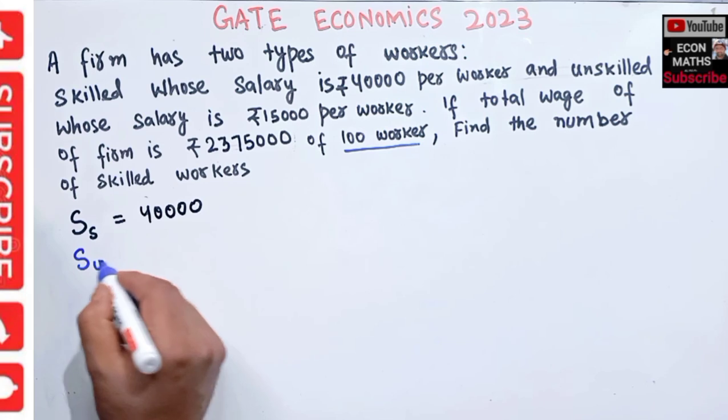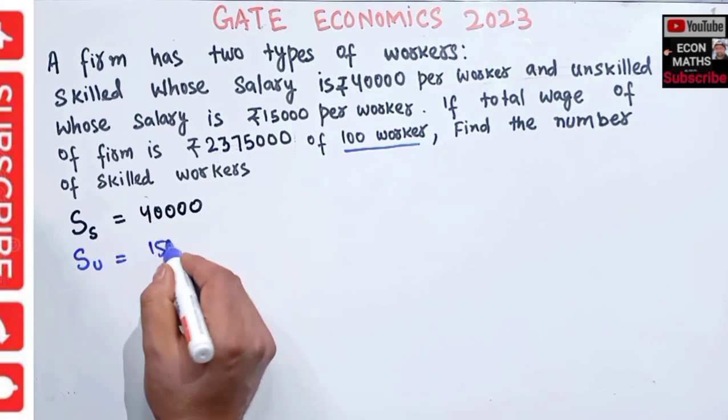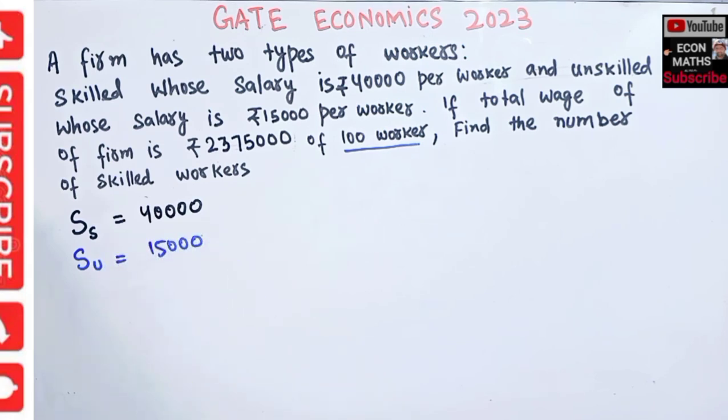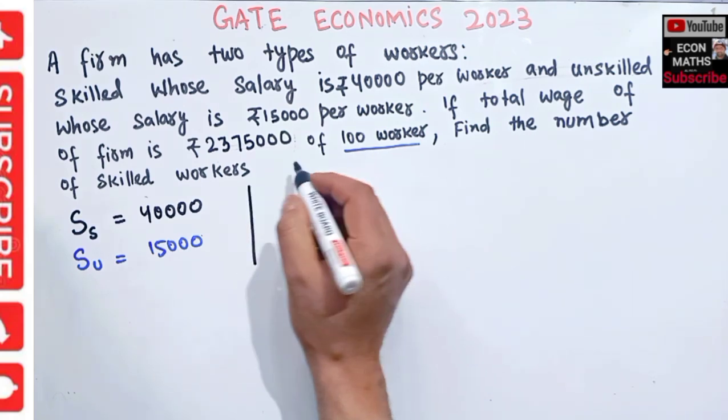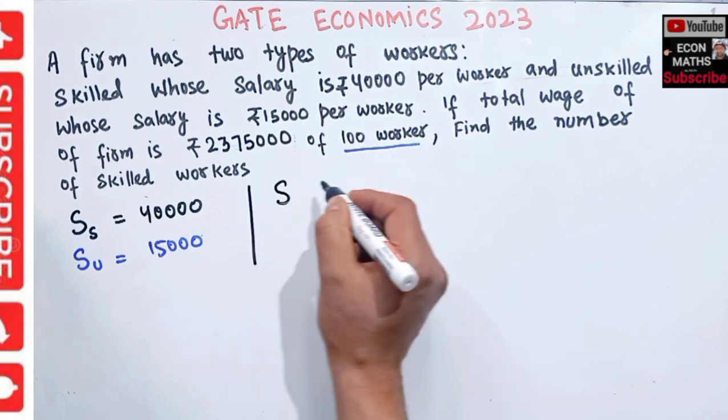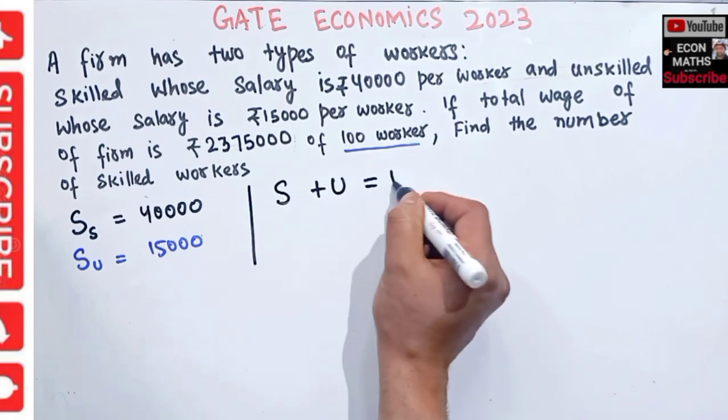Salary of unskilled workers is being given as 15,000. And we are told the total number of workers is equal to 100. That means skilled plus unskilled will be equal to 100.